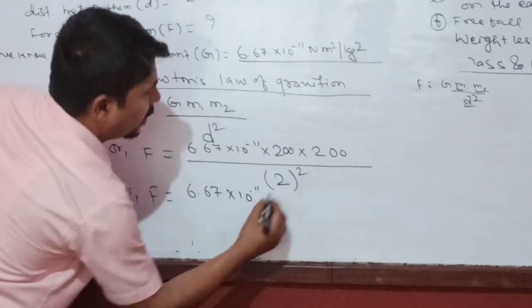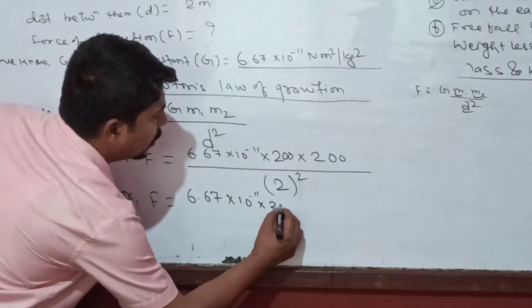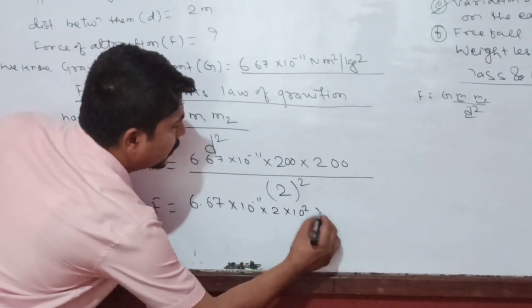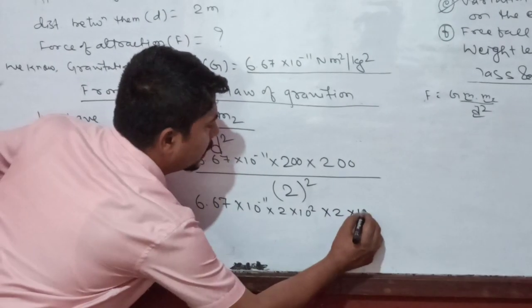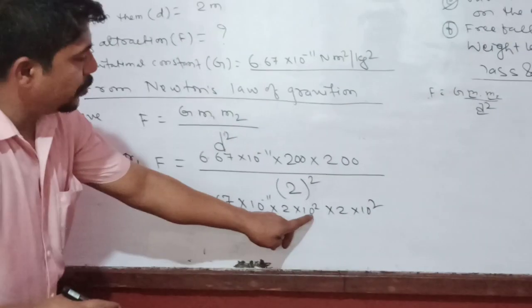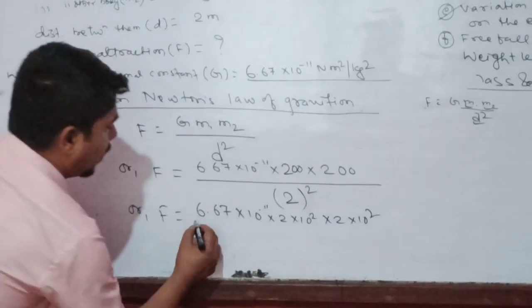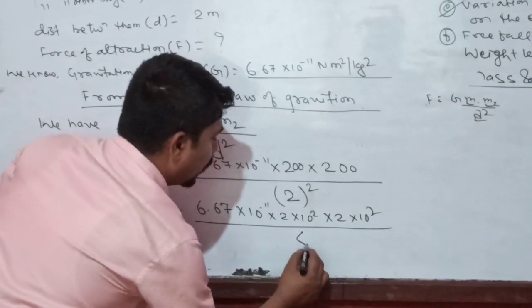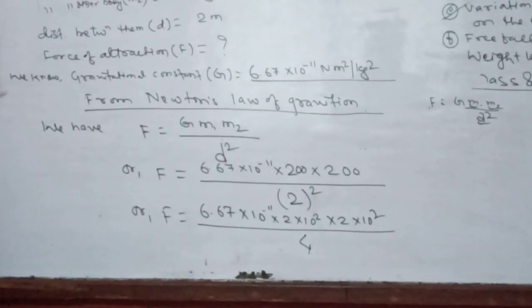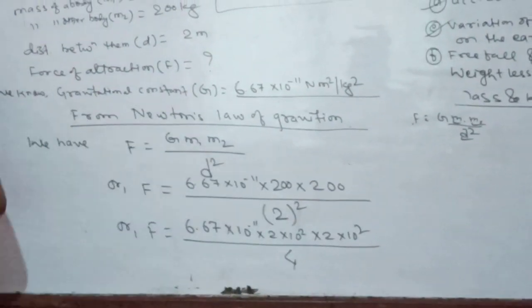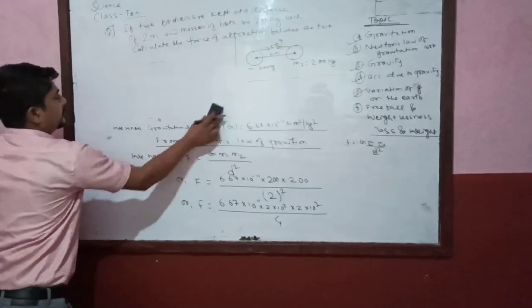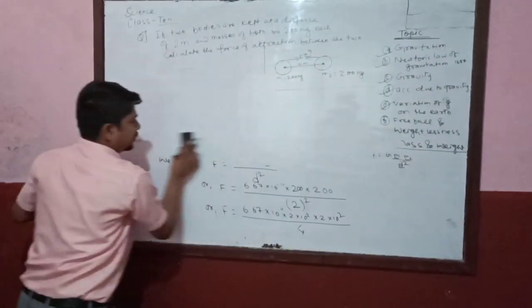Now 200 can be written as 2 into 10 to the power 2; 10 to the power 2 means 100, and 2 into 100 is 200. Below is 4. We will move a little up here and write it again.